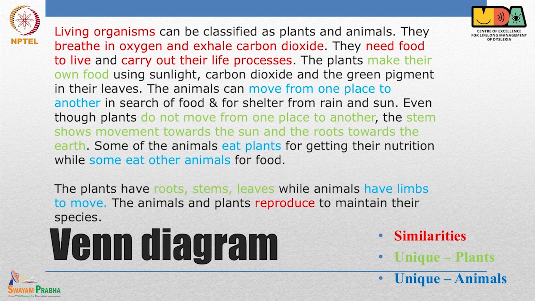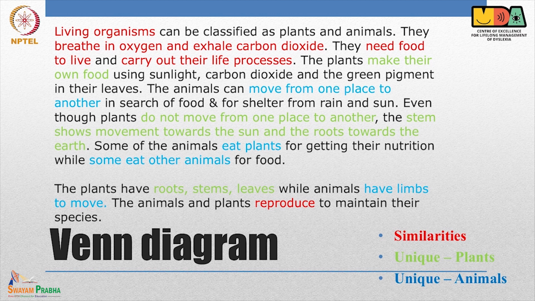So, for consistency I am going to write animals do not make their own food. The next line: using sunlight, carbon dioxide and the green pigment. So, needs food will go in the middle; plants prepare their own food using carbon dioxide, sunlight and chlorophyll, which is the green pigment. Here, animals depend on other plants and animals.